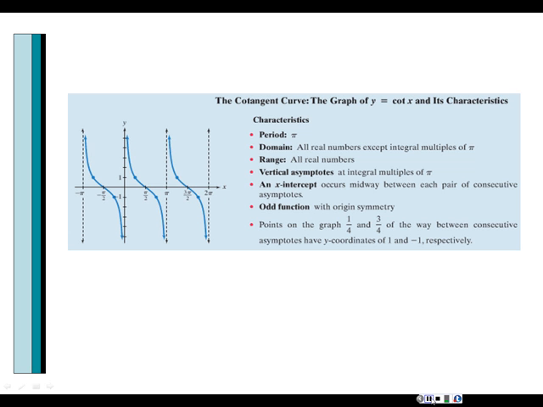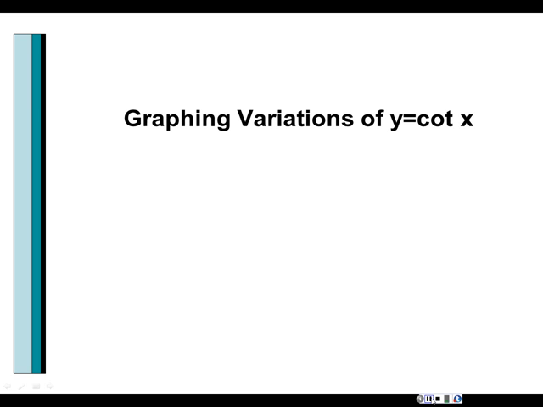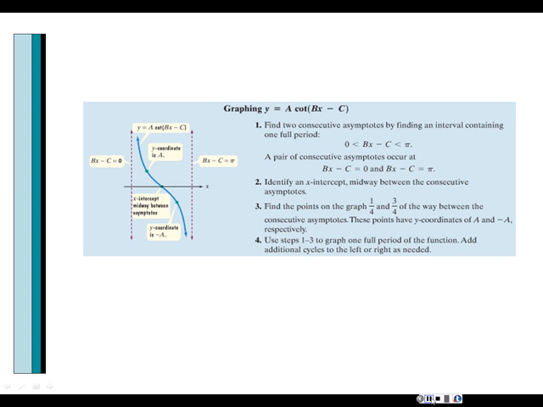Now, to find the graph of y equals cotangent, everything will be the same, just like we did for tangent, except one simple thing. This is pi instead of pi by 2.